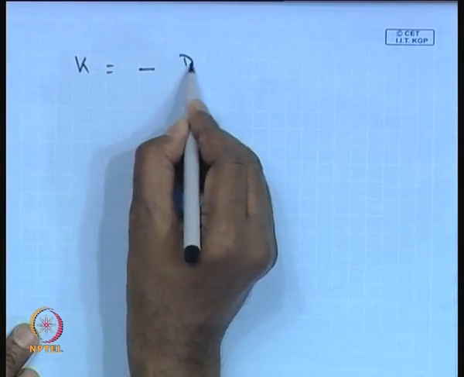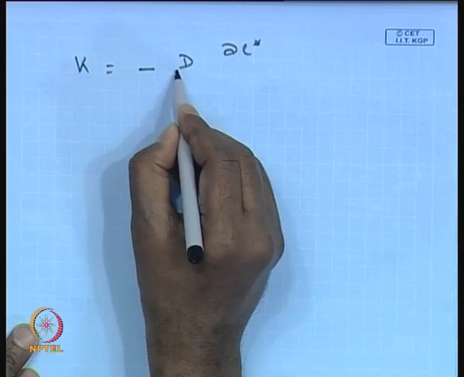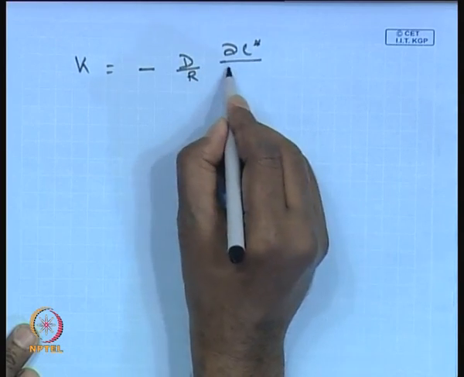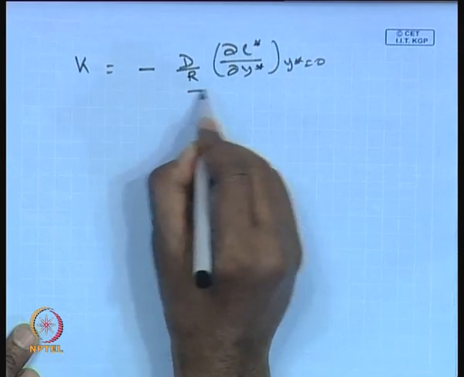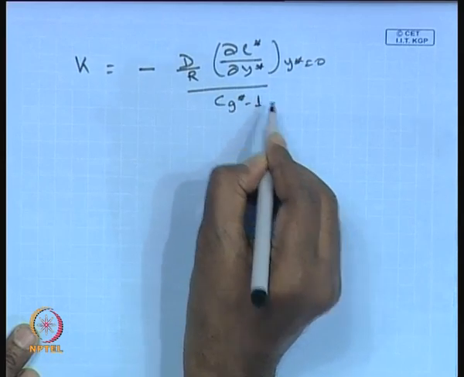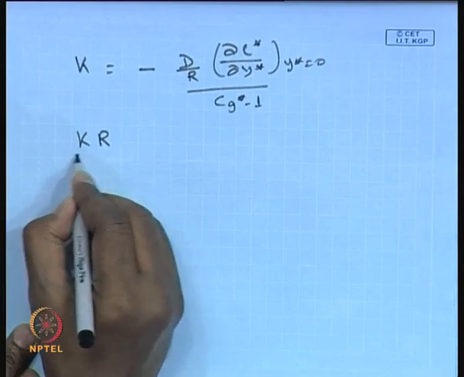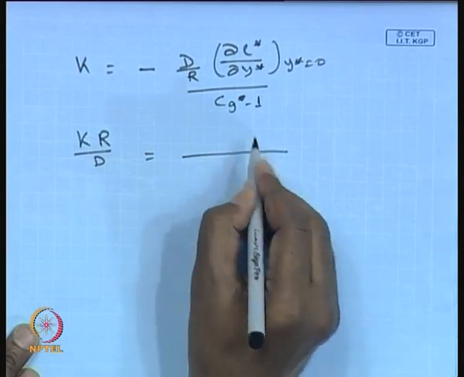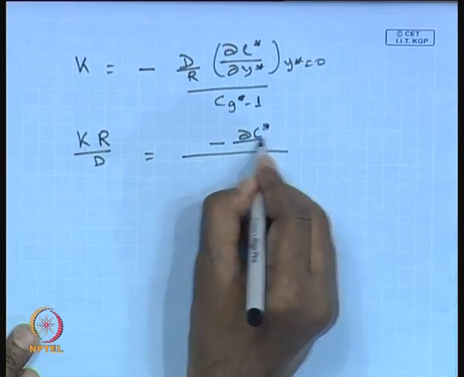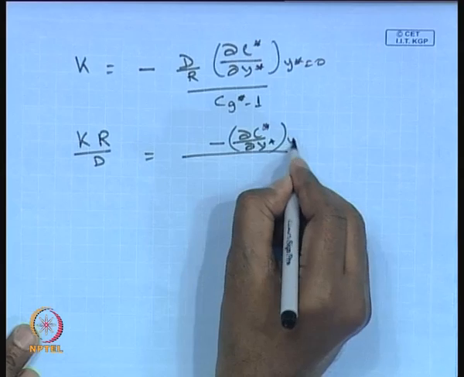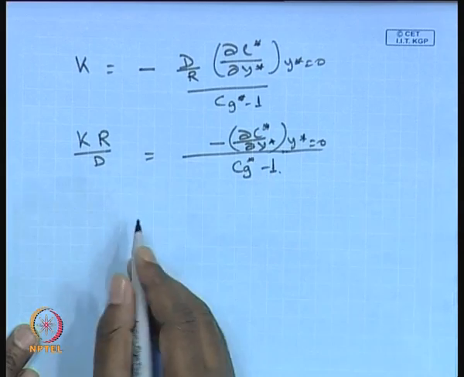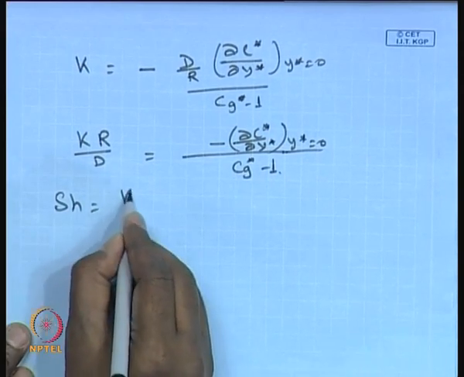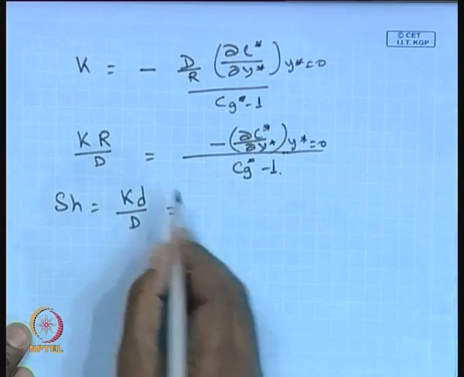If you do that, k is equal to minus D del C star, there will be a small r here, del y star at y star equal to 0, and this will be C_g star minus 1. Okay. So, this will be k r over D is equal to minus del C star del y star at y star equal to 0 divided by C_g star minus 1, and our Sherwood number is defined as k d by D. So, that means twice of r.